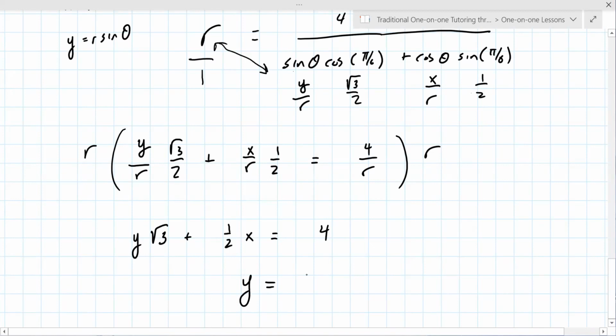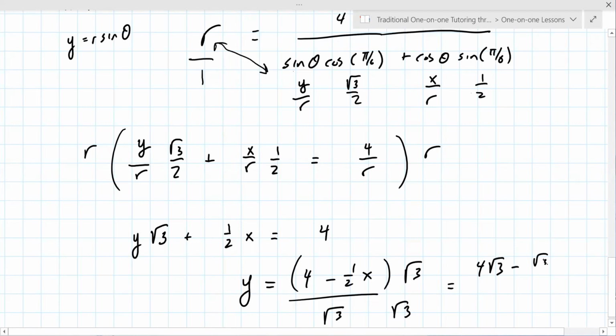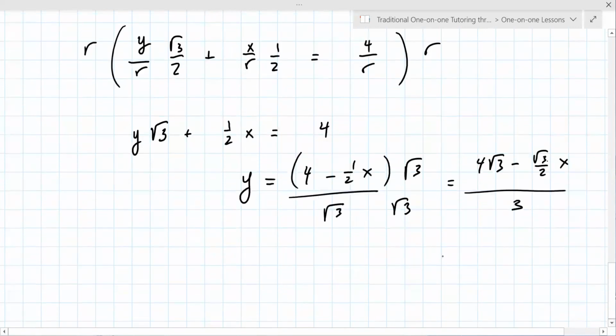y equals 4 minus 1/2 x, divided by root 3. And then you can rationalize if the instructor wanted that: 4 root 3 minus root 3 over 2 x, all over 3. And a little more here: 4 root 3 over 3 minus root 3 over 6 x, like that. Okay.